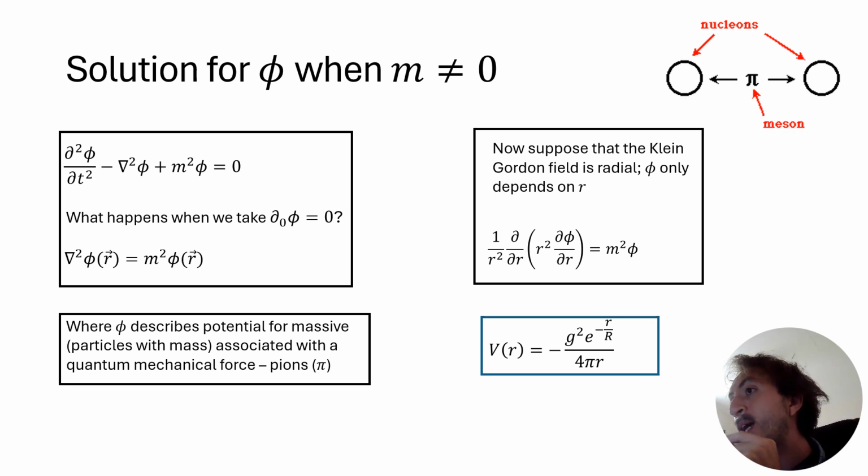So as the mass of the force-carrying particle, in our case the pion, increases, the range of this potential drops, because as mass increases, this exponential decay is going to be stronger. So, the larger the mass of the pion, the smaller the range of the potential. And so the mass of the pion is related to how far the strong nuclear force can act.